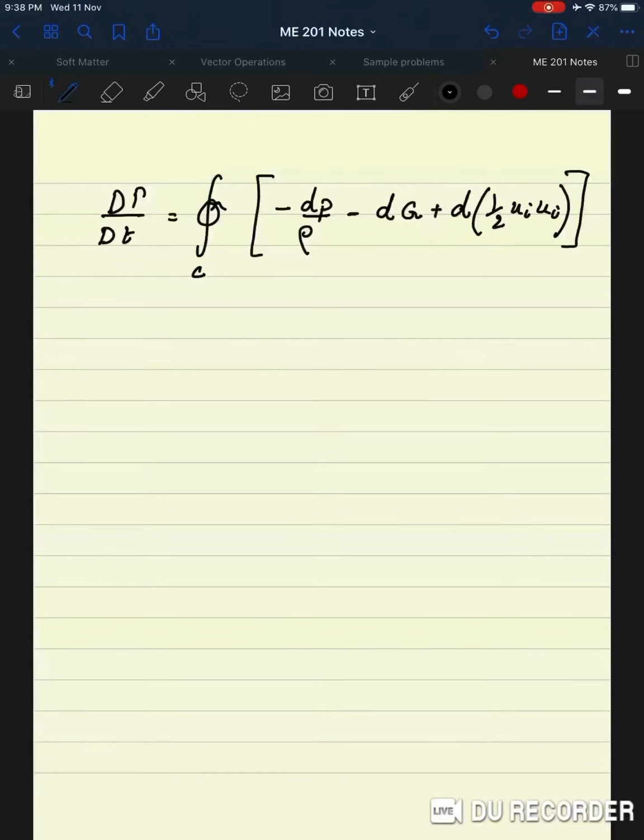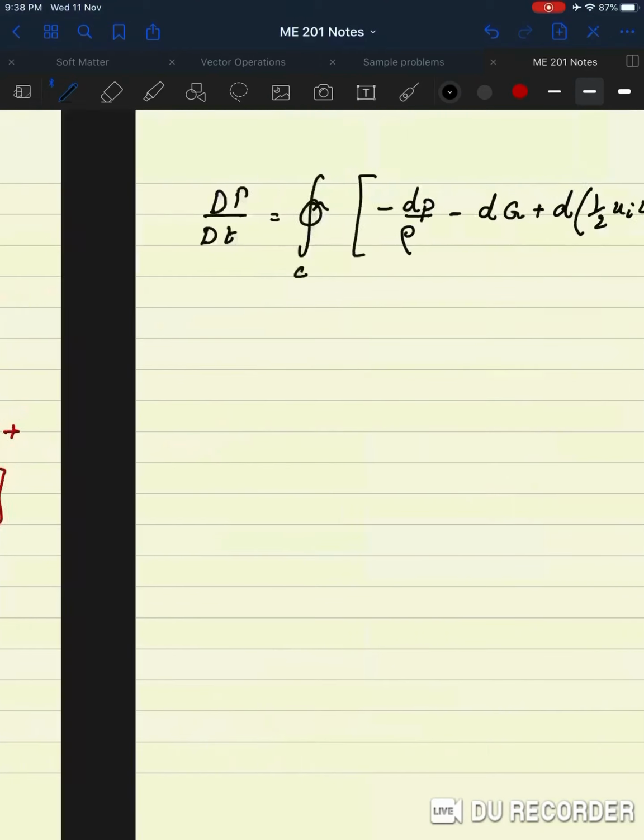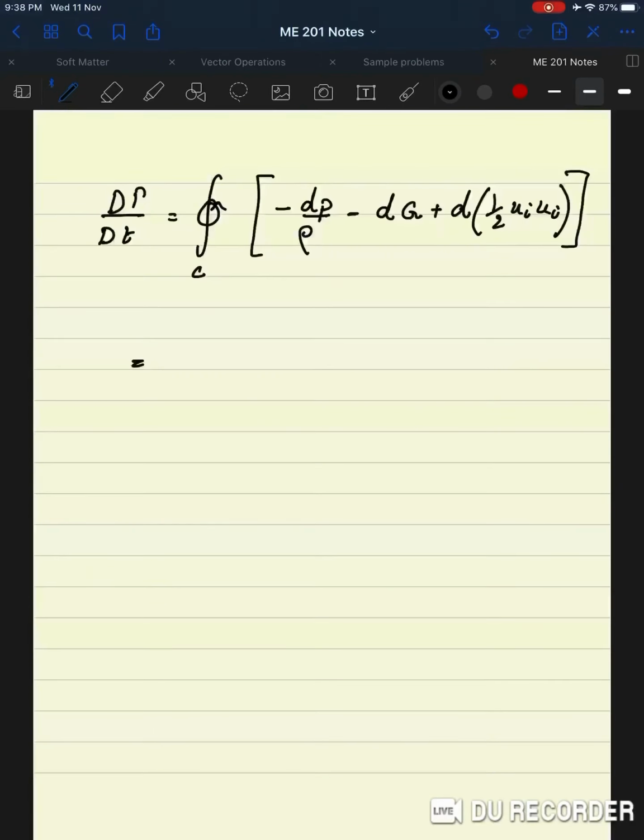Okay. Great. I think that takes care of all the three terms. So this is nothing but, you just evaluate them separately.